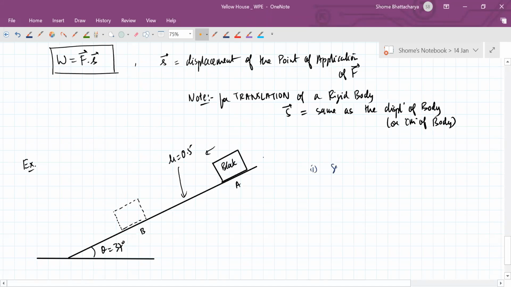So show all forces acting on the block in a free body diagram.